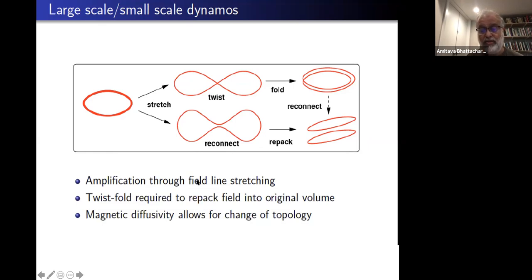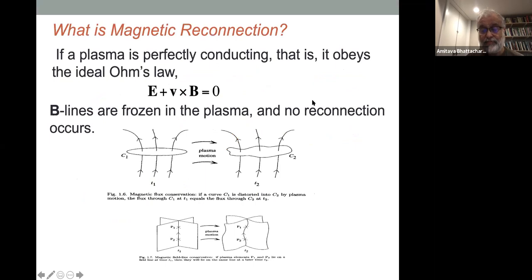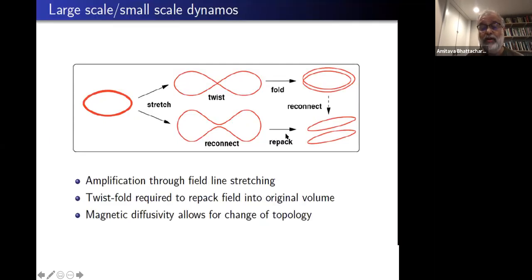You have amplification through field line stretching. You have twist fold required to repack field into original volume, as you did. And then you have reconnection. And actually reconnection means these two pieces bit off and they form this sort of a thing.